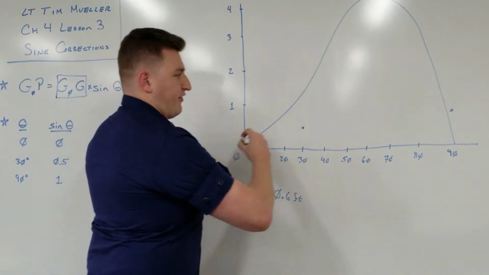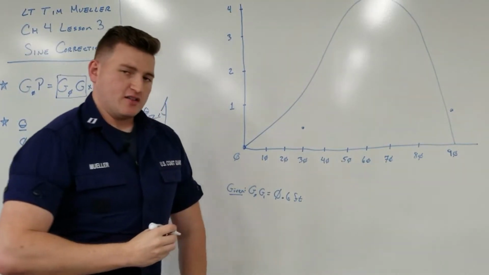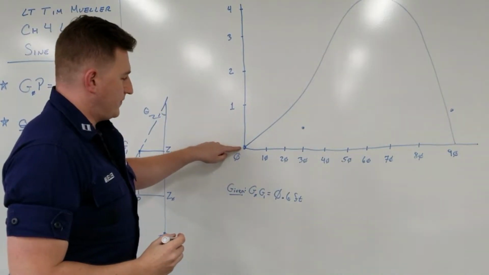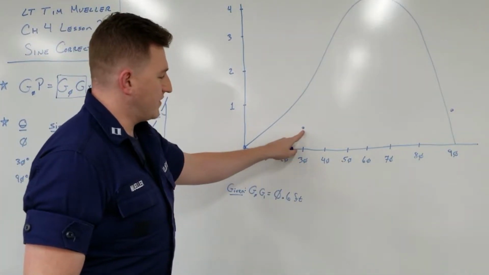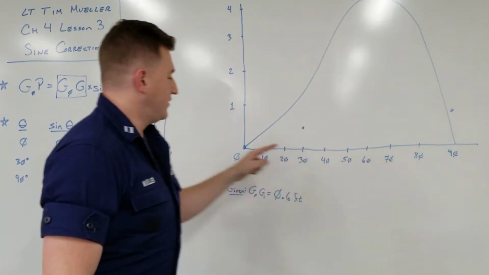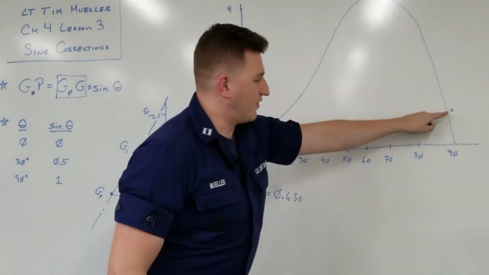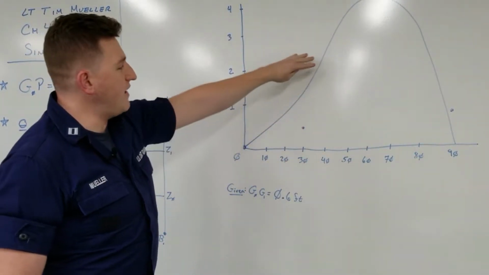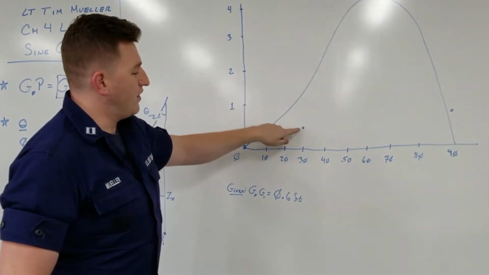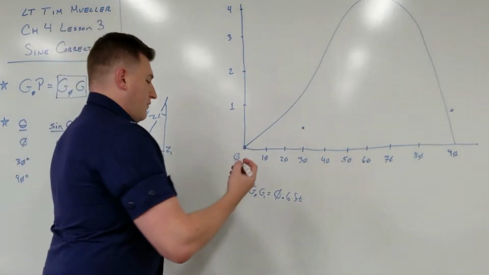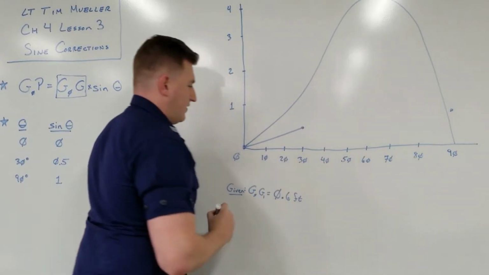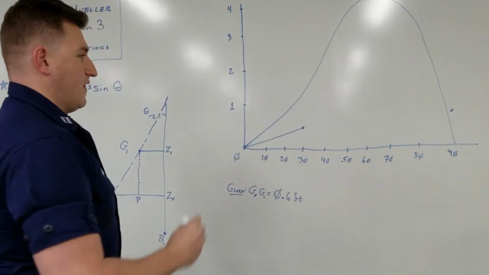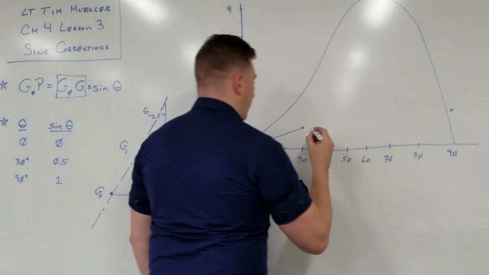So, in order to finish off this curve, I have to draw a line from the first point to the second point. Then I draw another line from the second point to the third point. Don't try and draw a straight line like that, because you're not going to get the behavior right in this area that you would if you were more precise. So, I'm going to take this right here, a straight line from 0 to 30. Then I do another one from 30 to 90.